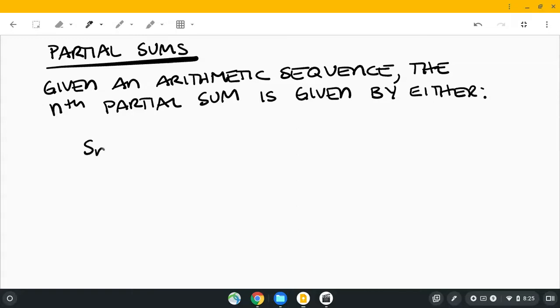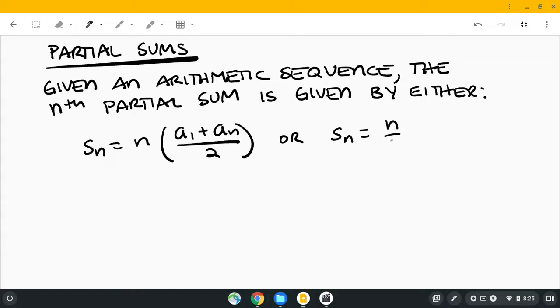Okay, so you can use this one, Sn equals n times (a1 plus an) all over 2, or you can use this one, n over 2 times (2 times a1 plus (n minus 1) d). I see students use both, so I don't know which one you're going to prefer. I have a preference. All right. So we will take a look at one example and then that will be it.